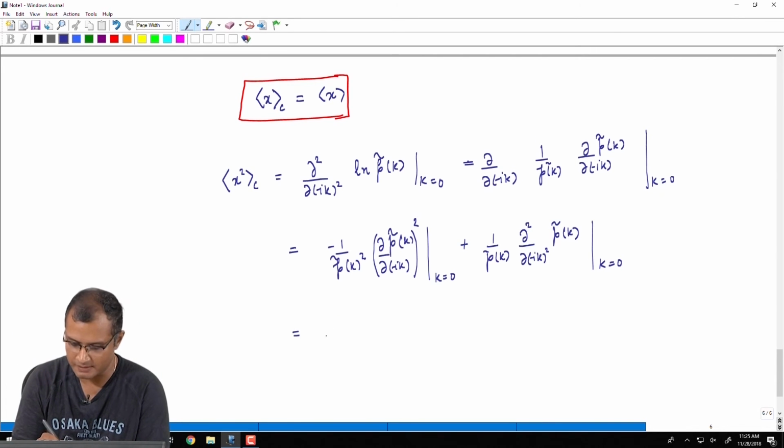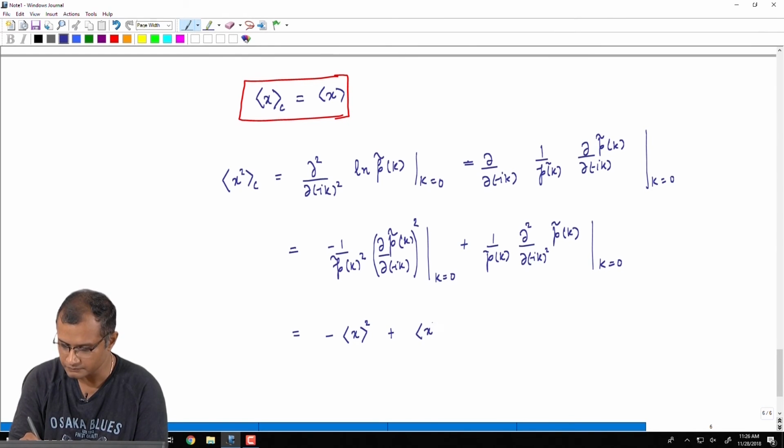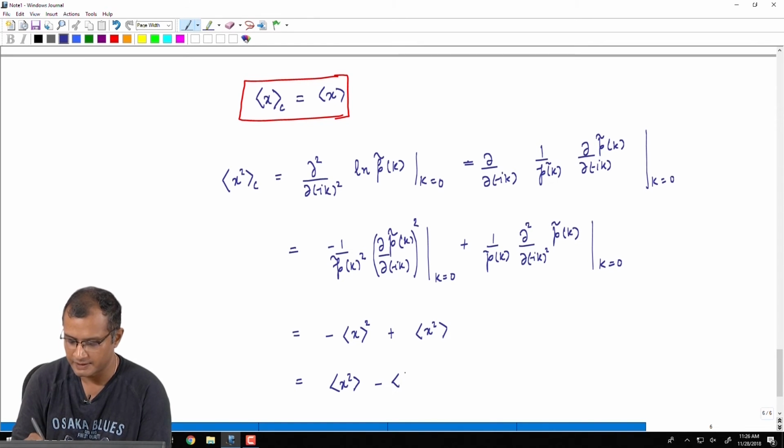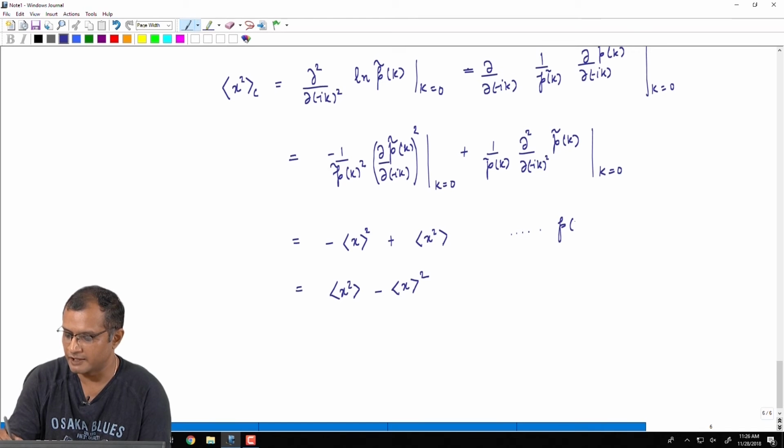This becomes just minus of square plus, you can also write it as average of the second moment, or second moment minus the square of the first moment. So, this is familiar, and we could derive it because the value of p of 0 is nothing but 1.